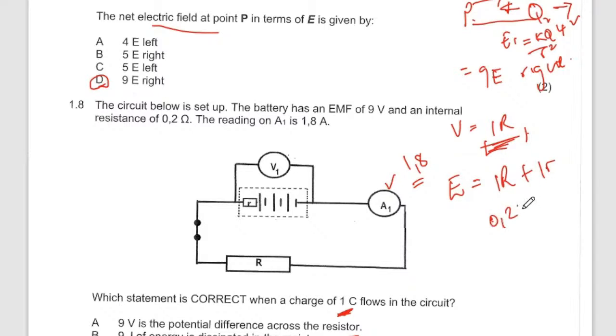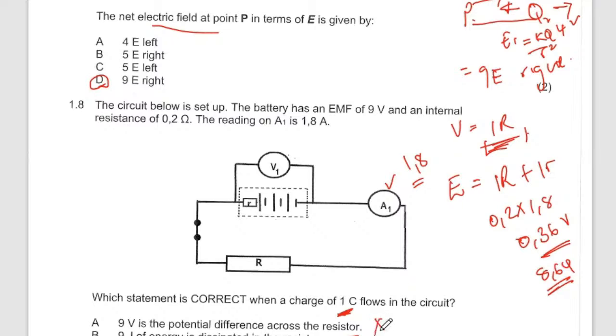So 0.2 times 1.8 gives me 0.36. When I subtract that from the 9, I'm getting 8.64. So the first option is wrong.